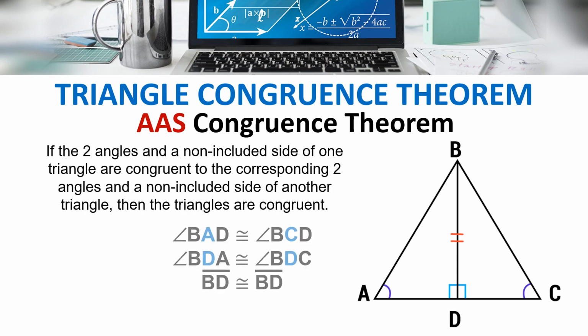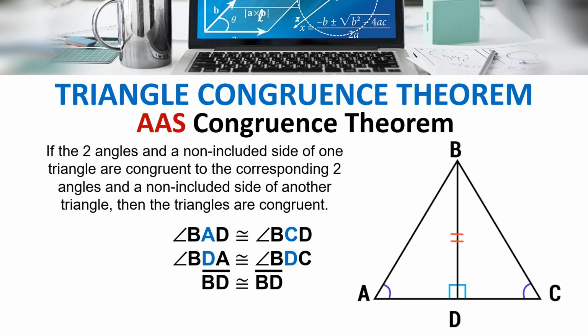Ilista muna natin yung mga corresponding parts, congruent parts. So sabi dito, angle BAD is congruent to angle BCD. Okay? And then angle BDA is congruent naman to angle BDC.